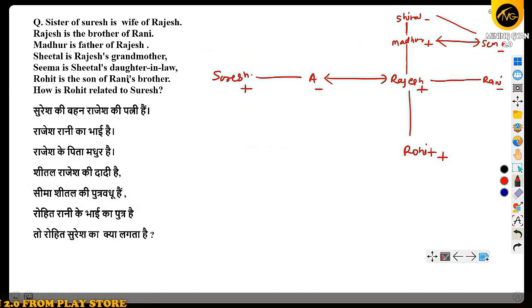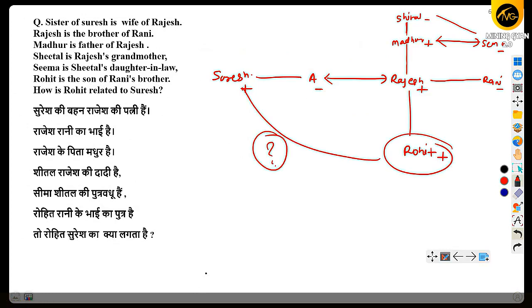How is Rohit related to Suresh? So just find out the relationship between Suresh and Rohit. Who is Rohit for Suresh and what is the relation between these two?